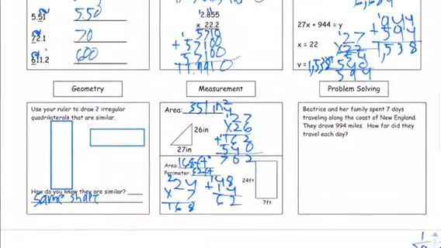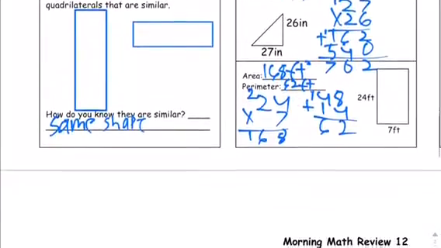Sergio, what number? Okay, the area, what do I need to do, Sergio? 24 times 7. 4 times 7, Sergio? 7 times 2, plus 2? So you have 168 feet what, sir?